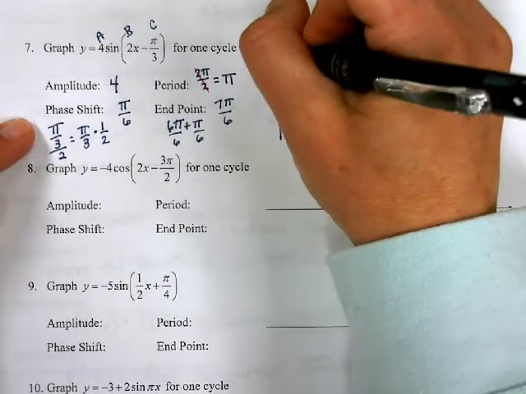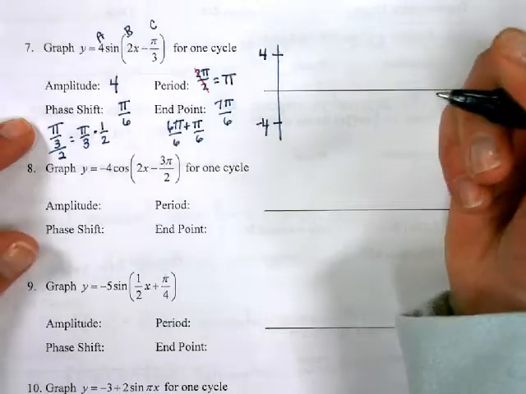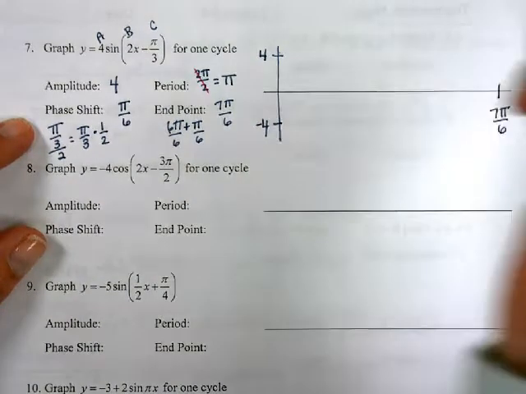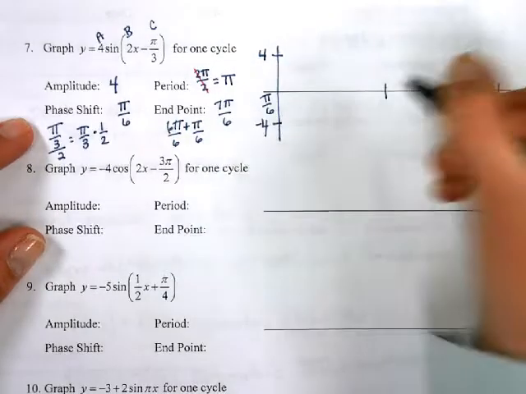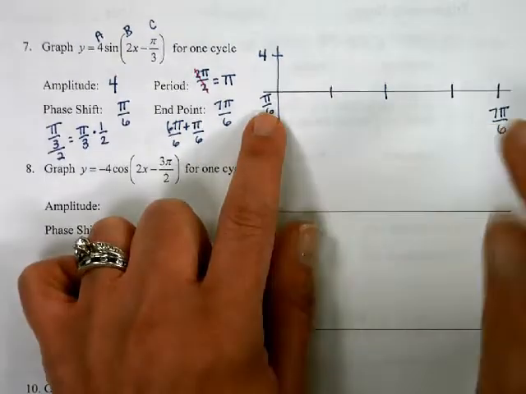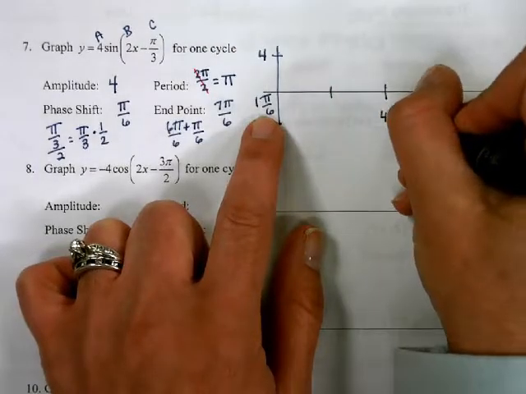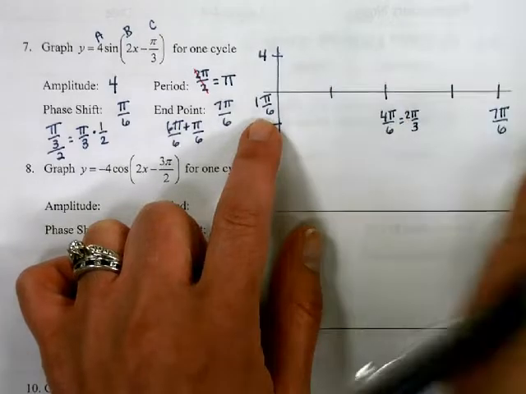4 and negative 4. The end point is over here, 7 pi over 6, and pi over 6. 7 plus 1 is 8. Cut it in half. That's 4 pi over 6, which reduces to 2 pi over 3. 4 plus 1 is 5.